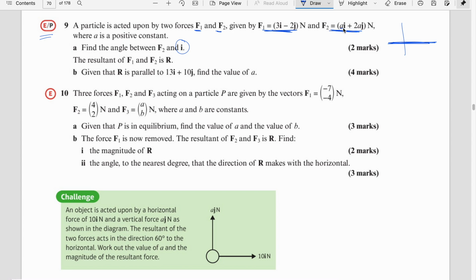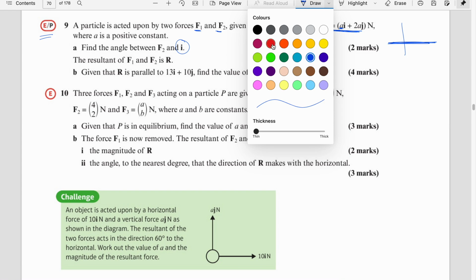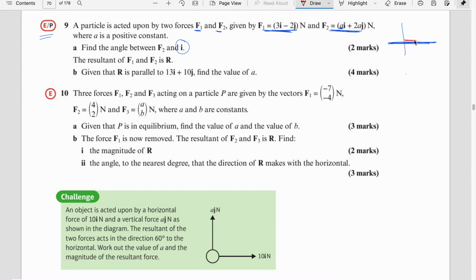You see, it is A times i, whatever it is, let us consider 1 unit in the x direction, because that's A, and it is 2A, that is 2 times in the y direction. So the angle between F2 and i, this is the direction for F2. So the height is 2, the base is 1.